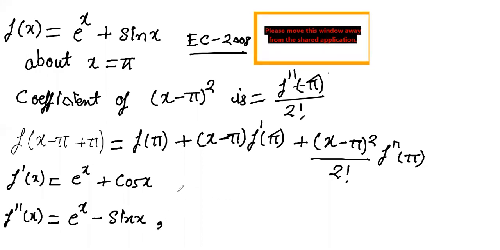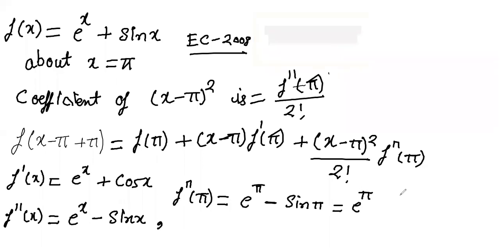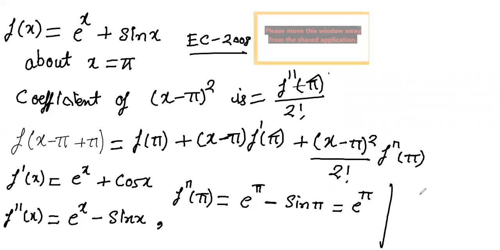So f double dash 5 is e raised to 5 minus sin 5, and sin n pi is 0, so it is e raised to 5. So the answer is e raised to 5 upon 2. Perfect. Very good.